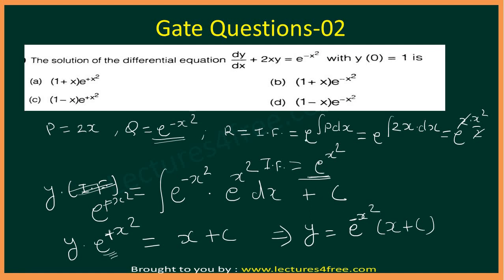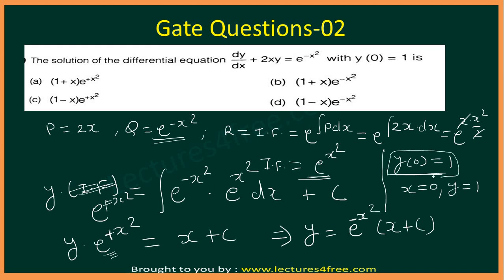In the options you can see there is no term like c here. So we have to find the value of c by using the condition given in the question. Here one condition is given, meaning y(0) is equal to 1. This means when x is equal to 0, then y is equal to 1.